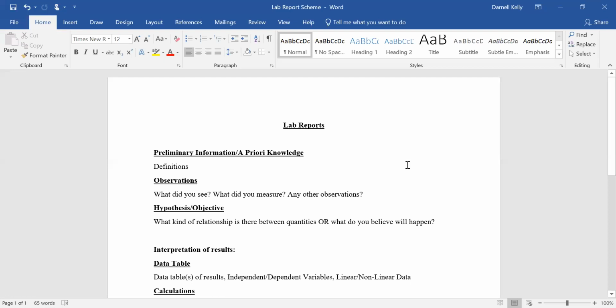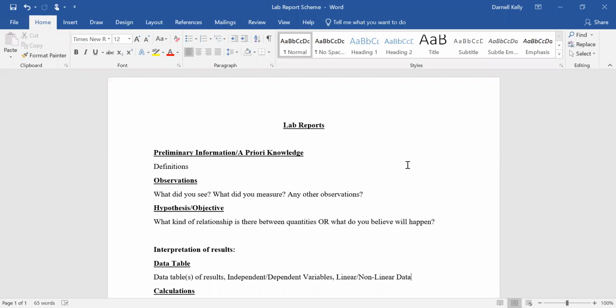What kind of relationship is there between the quantities you measured, or what do you believe is going to happen? Based on what I see in my observations, I believe that this is going to take place. That's the hypothesis, and then you go to test it. That falls under the interpretation of results part of the scientific method. We then get this data and we put it into a data table. And that's what we're principally going to be talking about today.